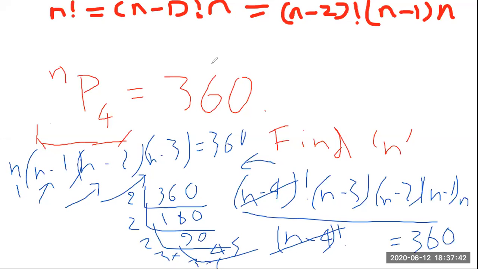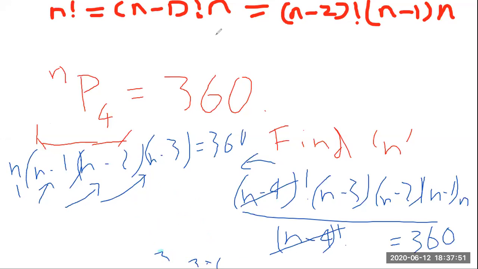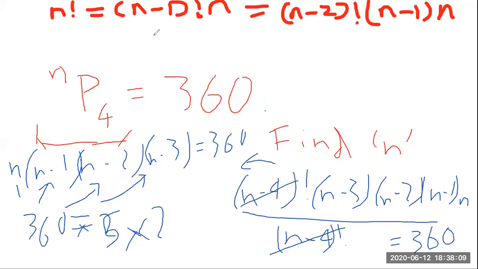So we factored 360, and as we saw, it becomes 5 times 2 cubed times 3 squared.